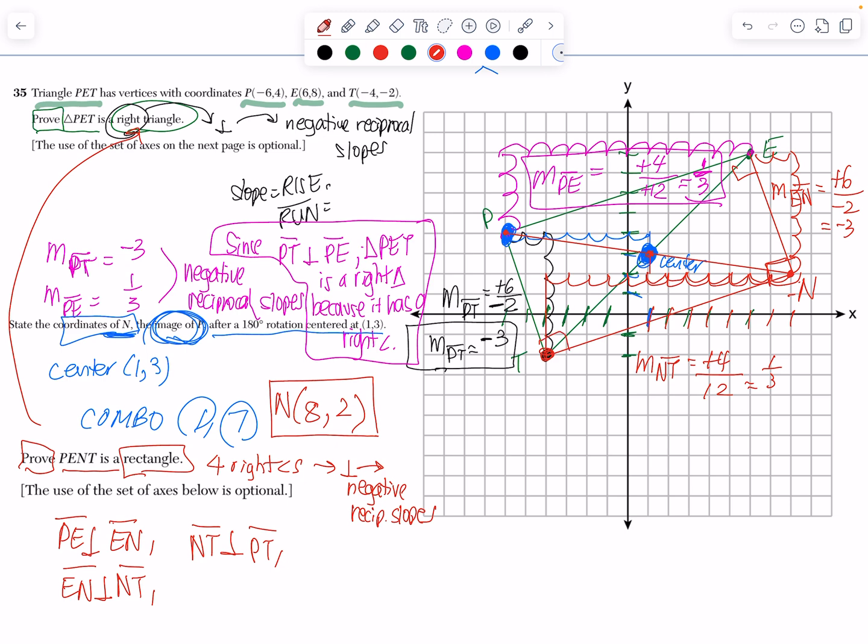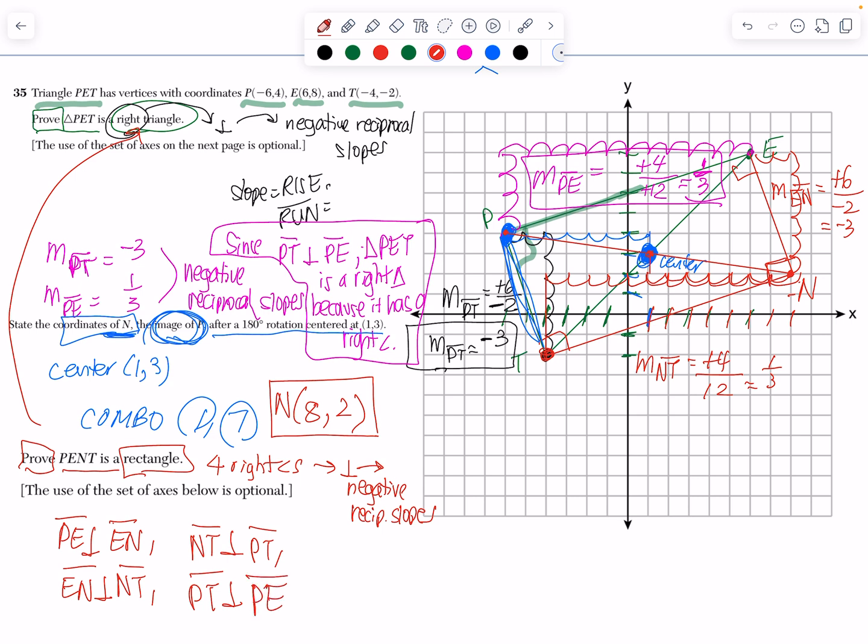And then finally, the slope here was -3, and the slope here was 1/3, negative reciprocal slopes. And so we'll write the final step: line segment PT is perpendicular to line segment PE.